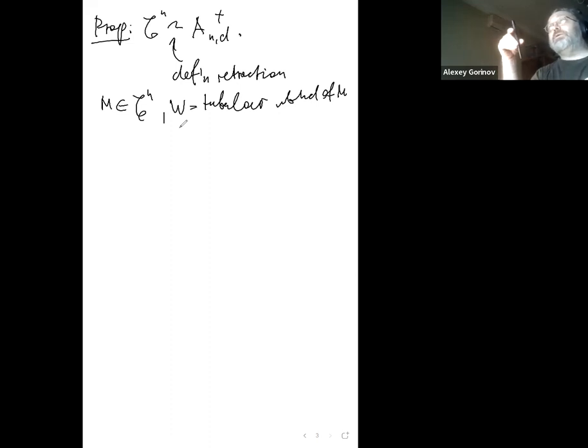And then I take the exponential of the normal bundle multiplied by this function, which should be a smooth function from the manifold to the positive real numbers. And then I get a neighborhood which deformation retracts onto the manifold itself.